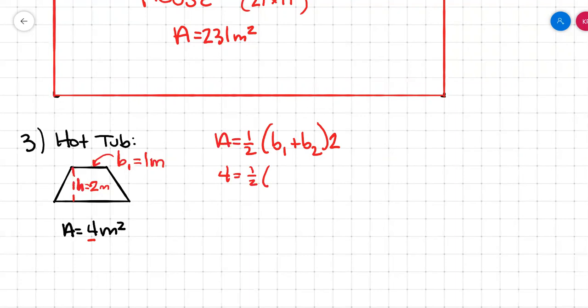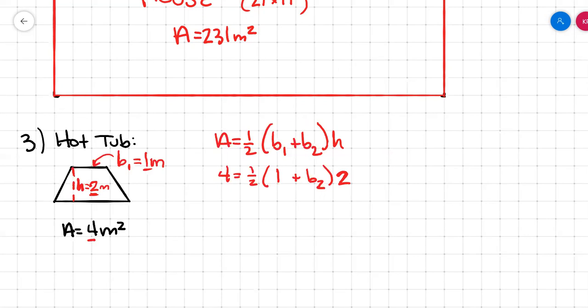And we have B1, which is 1, so we can plug that in. And we don't have B2, so that stays. Oh, whoops, I already plugged in the height. My bad. Okay, so this is H. So our height is 2, so we can plug that in. Right there. Okay.